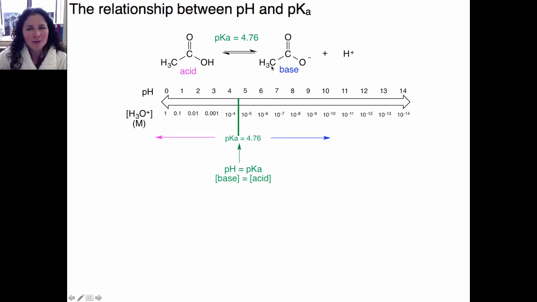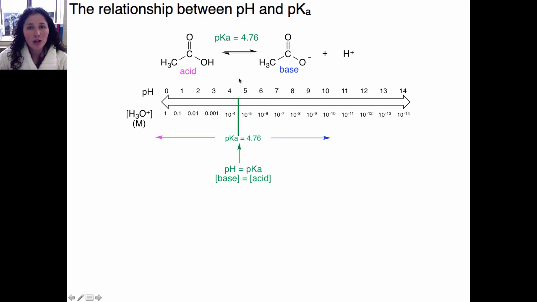If you started out at 50-50 and you added more hydrogen ion to solution, which way would the equilibrium shift? And which one of these two things would be the most concentrated in solution? If you said that an increase in the hydrogen ion concentration would shift the equilibrium to the left, you're right. And that would decrease the concentration of the basic version of this and increase the acidic version.